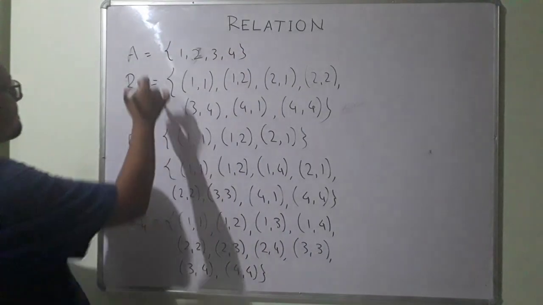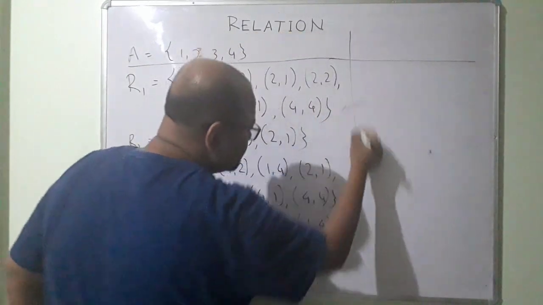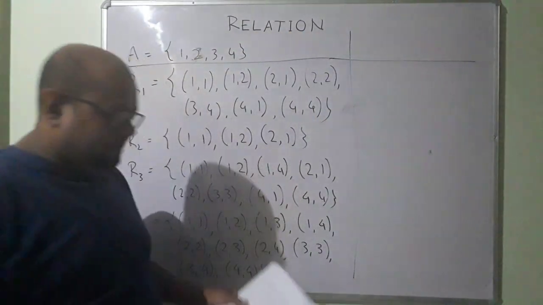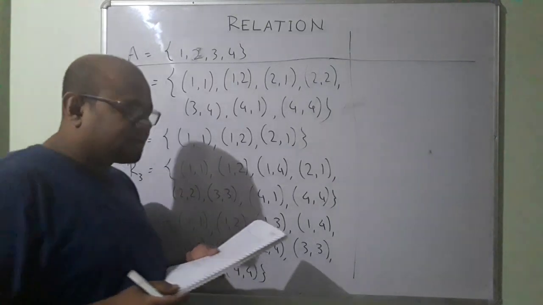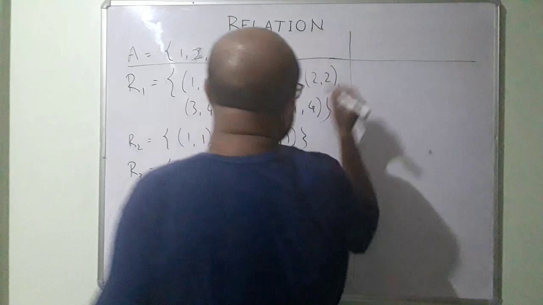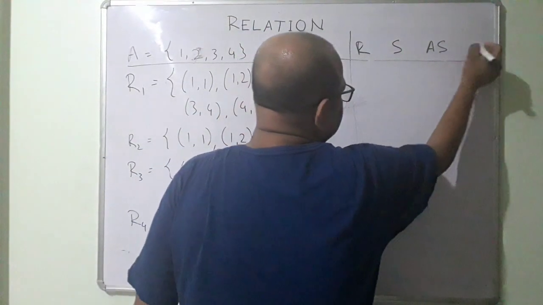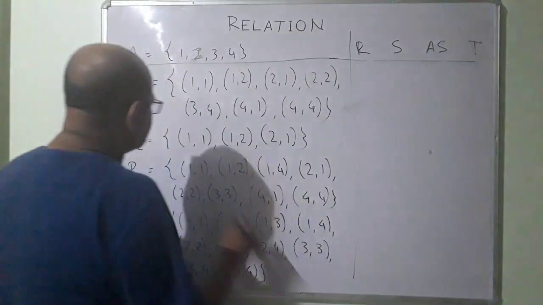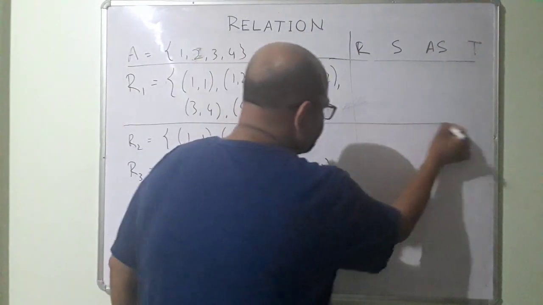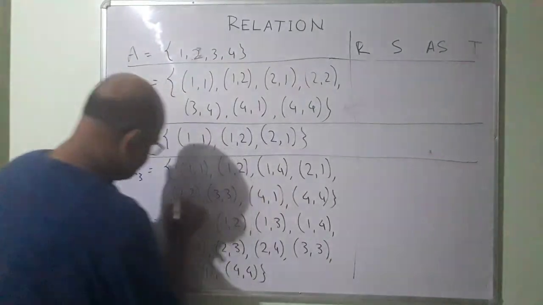All right, with that, let us figure out if each of these is reflexive, symmetric, antisymmetric, and transitive. We will try to figure this out for the 4 different relations that we have.